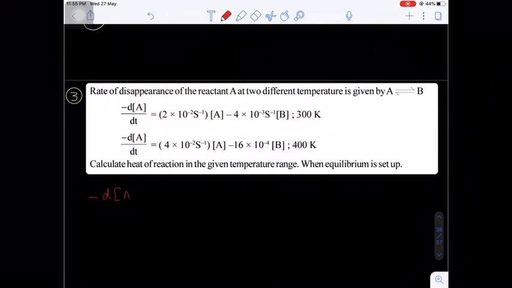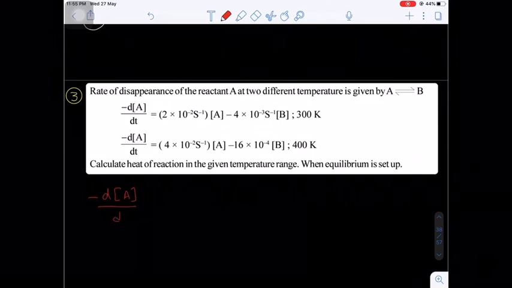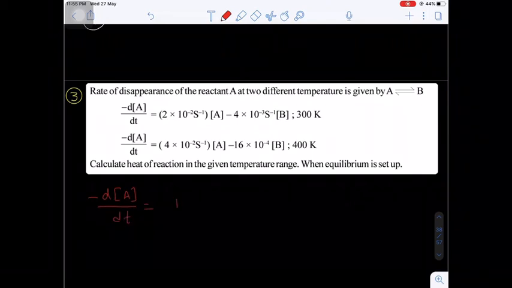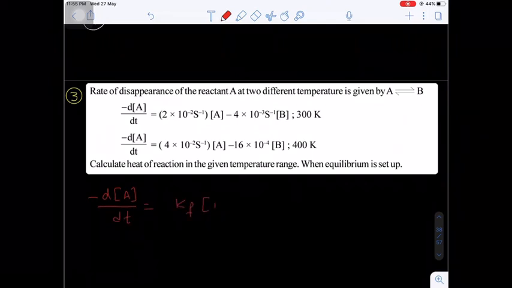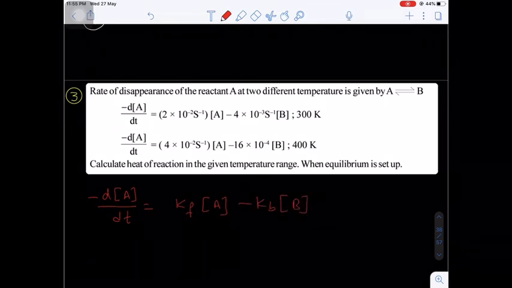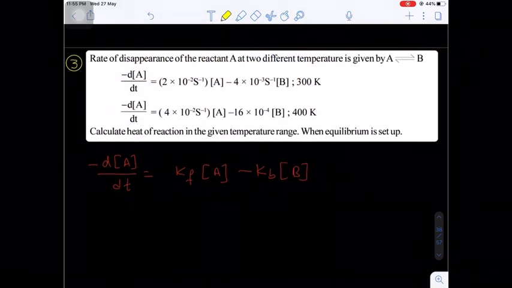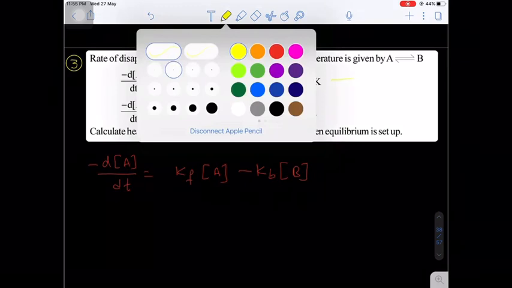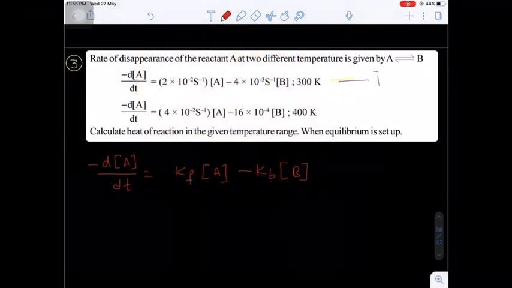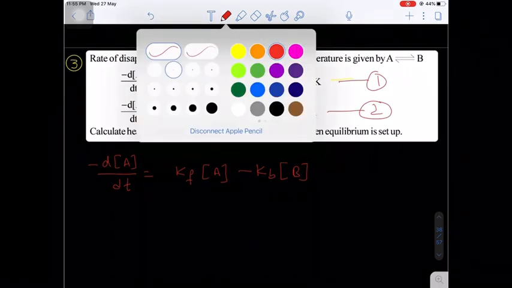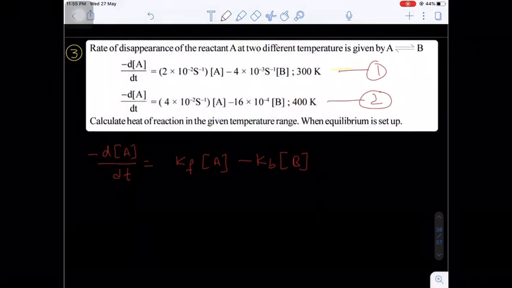In the beginning, I write one expression, that is minus dA by dt is equal to Kf into concentration of A minus Kb into concentration of B. Yes or no? With that expression, we compare the given equation number 1. Let's suppose this will be the first equation, this will be the second equation.